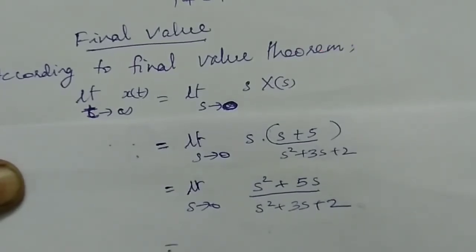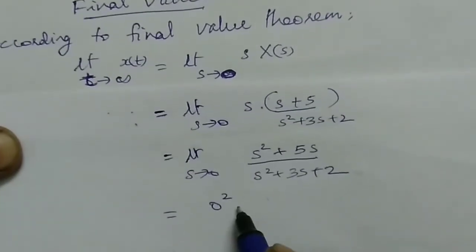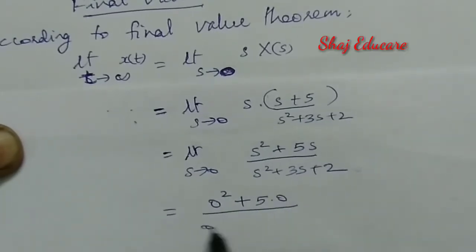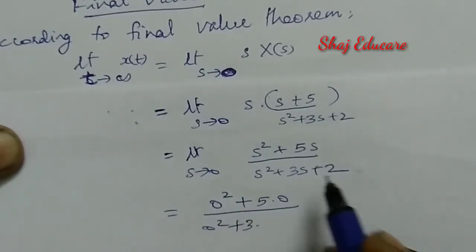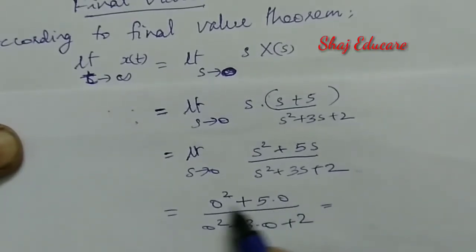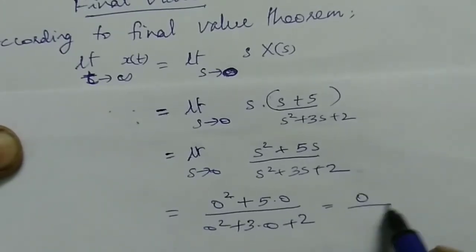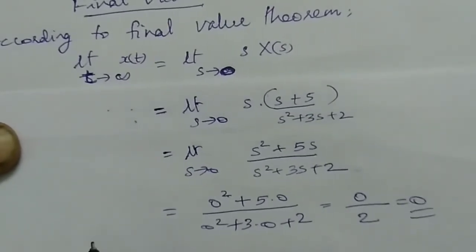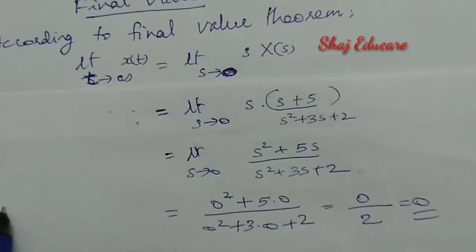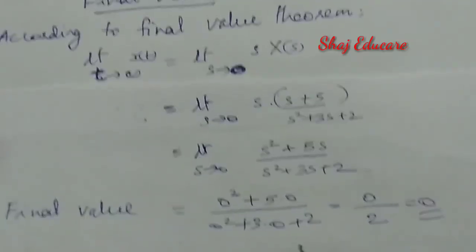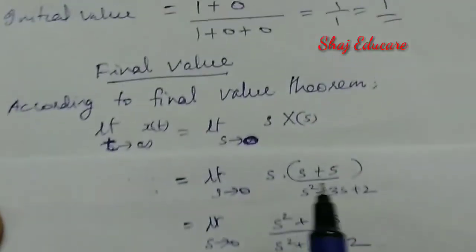Then we get (0² + 5 into 0) divided by (0² + 3 into 0 + 2). 0 squared becomes 0, 5 into 0 is 0, so 0 divided by 2 is 0. Now what we are getting is that the final value is equal to 0.